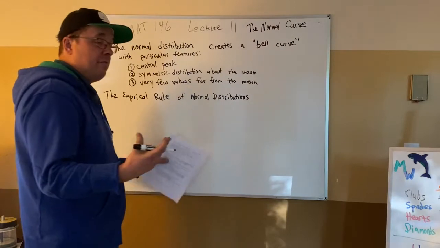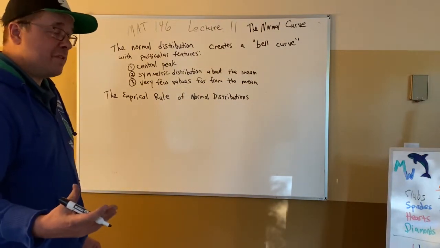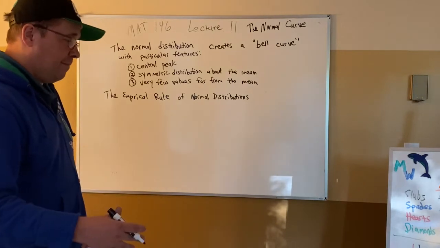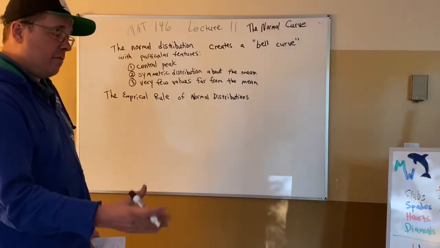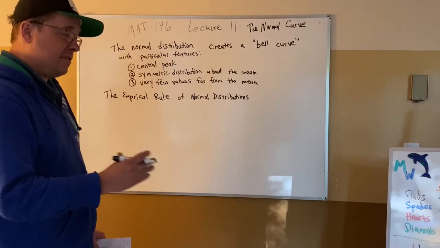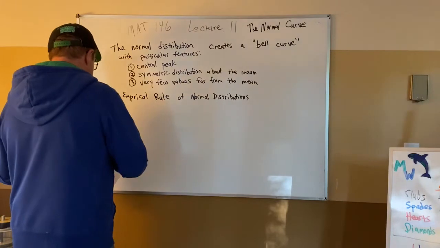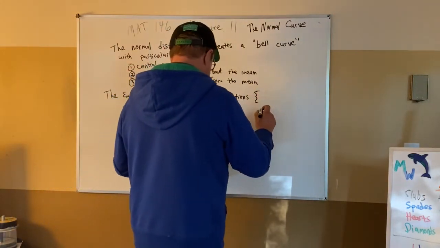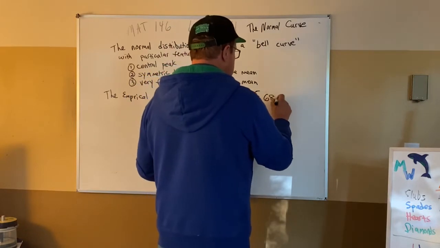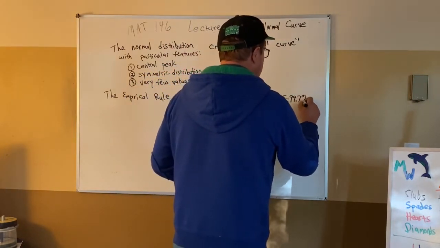I know them from having taught them so often, but it also supports what we saw in the rule of thumb, saying that almost all the data values are within 2 standard deviations up or down from the mean. Now let's look at how it goes. I like to think of it as 68, 95, and 99.7. And those are percents.